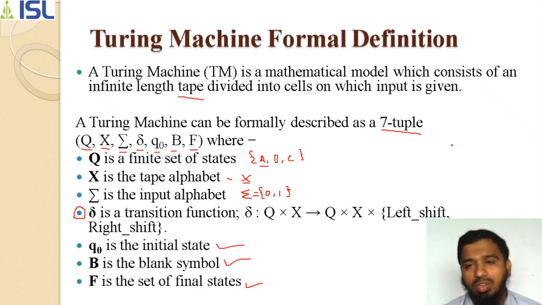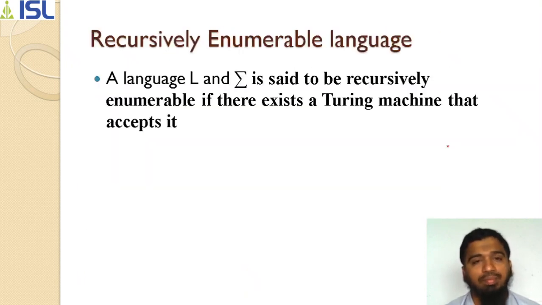Whatever the problems, whatever the models we already discussed in PDA and FSM, the same problems we will solve with this Turing machine. Okay, so the first example. Before going to the example, you must know the recursively enumerable language. If in the exam, in place of Turing machine, it is displayed as recursively enumerable language, that means that is also a Turing machine.